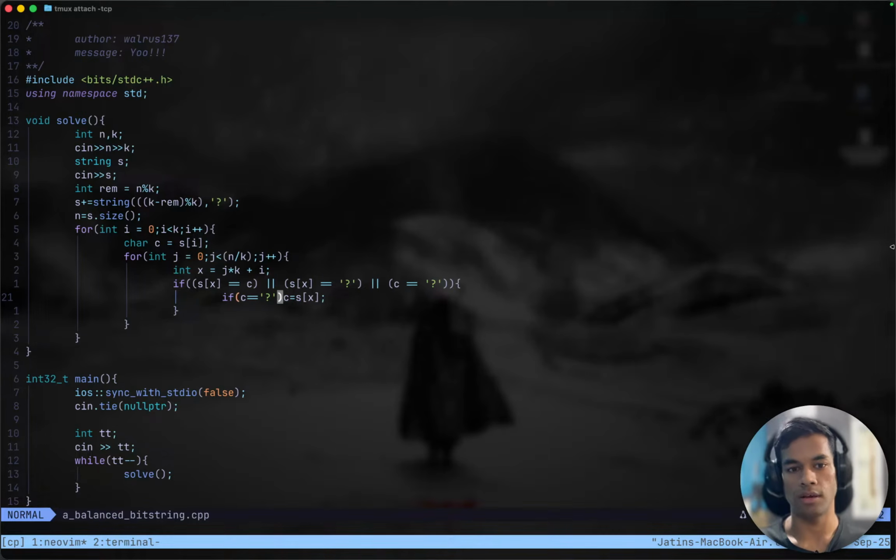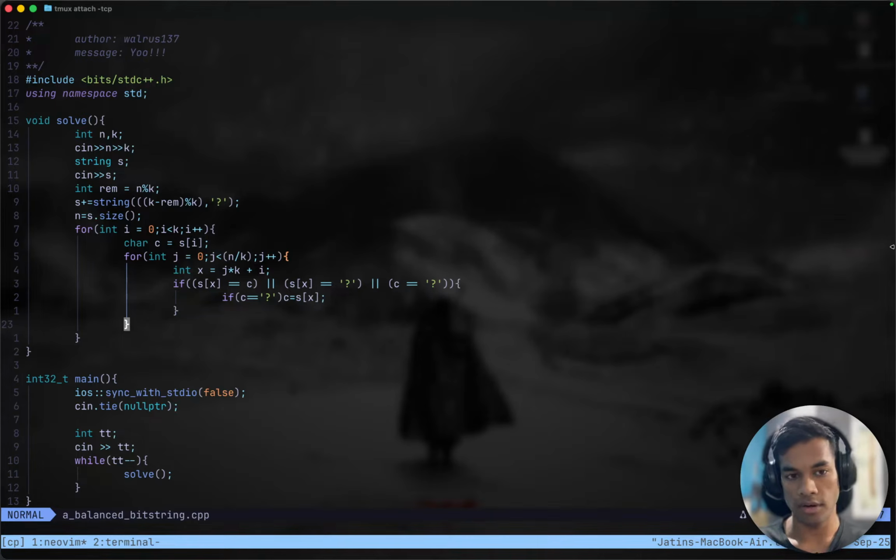So c either is a question mark till now because we have only seen question marks, and if we have only seen question marks, then we can change them into anything we want. But if we have seen some zeros and ones, c would already have been updated. And so there never arises a case in which we are changing c from a 0 to a 1 or from 1 to 0. So this is okay.